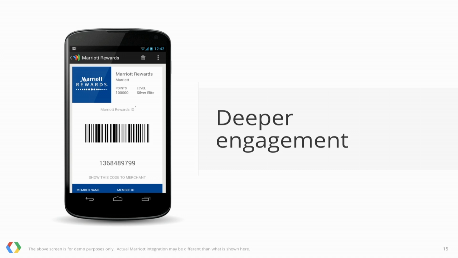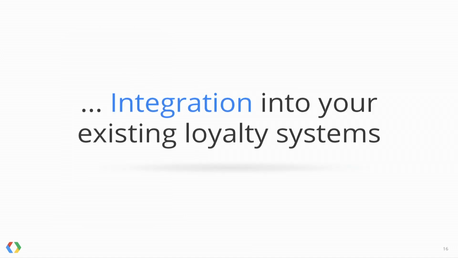And personalized messages delivered right on the phone. The best part about all this is that it's an easy integration into your existing loyalty systems. I hope you're as excited about the platform as we are. I'm going to give it over to David to walk you through a technical overview.